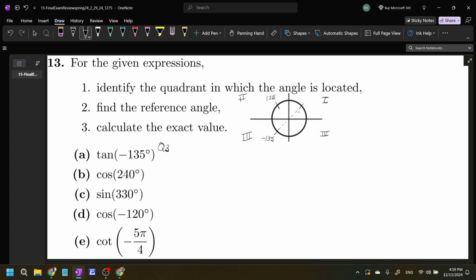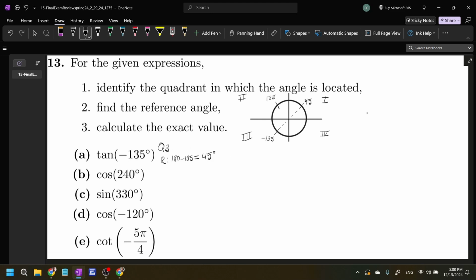If you wanted to find the exact value, we would just add negative 135 to 180. So our reference angle is 180 minus 135, which is 45 degrees. Okay, so that's our reference angle. Got that out of the way. And now we want to find the tangent of 45 degrees.